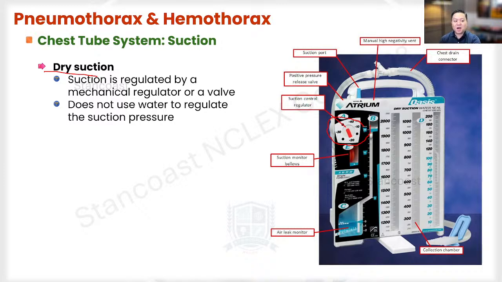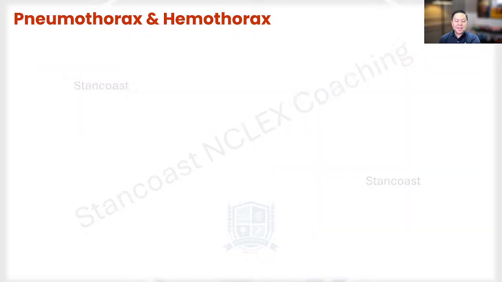But again, most often it will be -20 cm water generally. That's the usual order. Now, with a dry suction, this is going to be more consistent, with less fluctuation as far as the water level in the suction chamber. So again, this is a much safer way of managing the patient's chest tube.